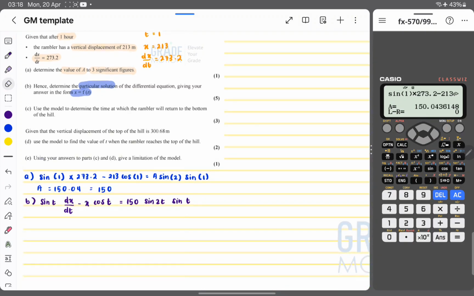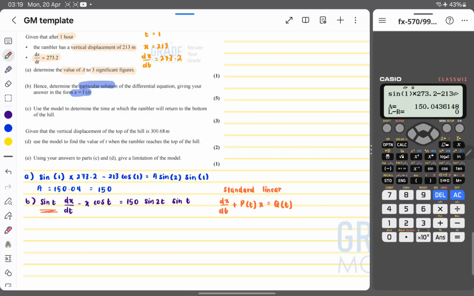We want to rewrite this in standard linear form, which looks like this: dx/dt plus p(t)x equal to q(t).